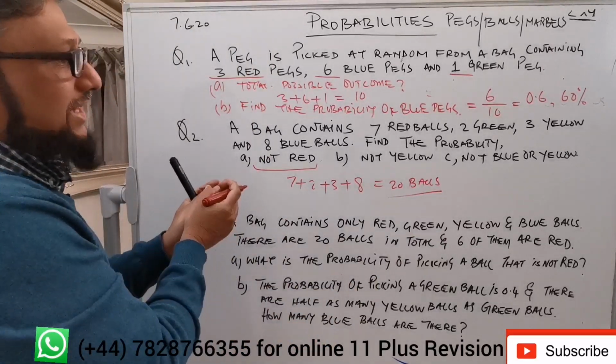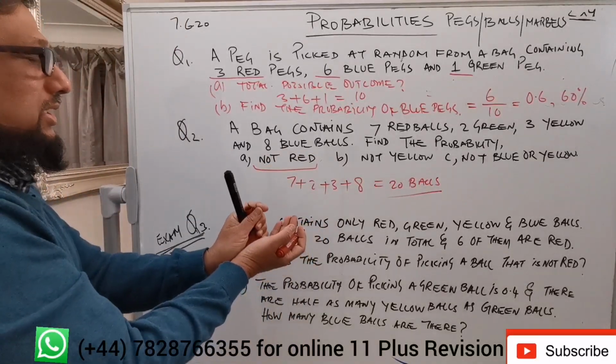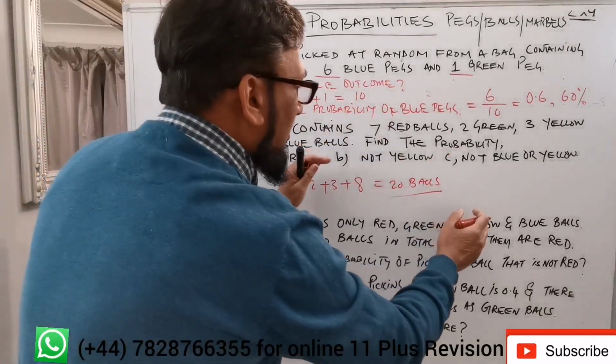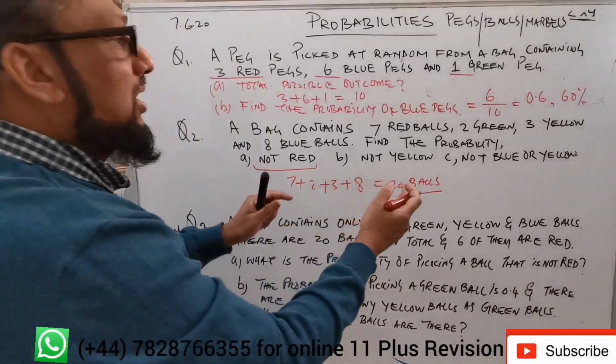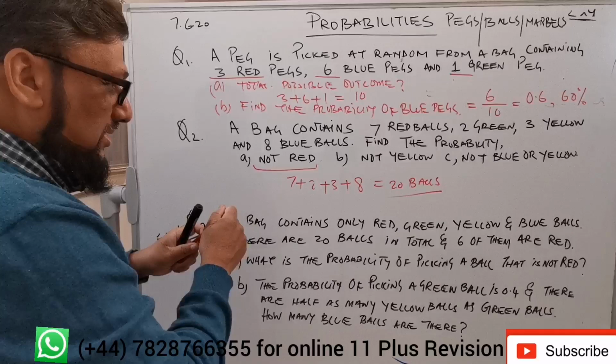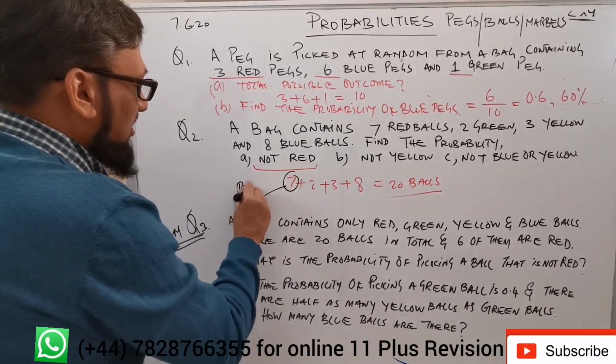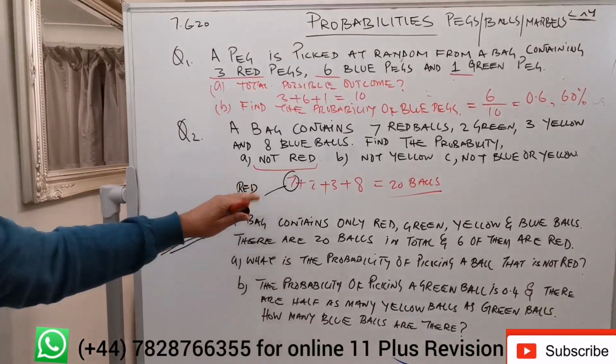Now, the probability of not red. Except for the red, we need to count. How many are red? The red are 7. So these are red, and you don't count the red balls.